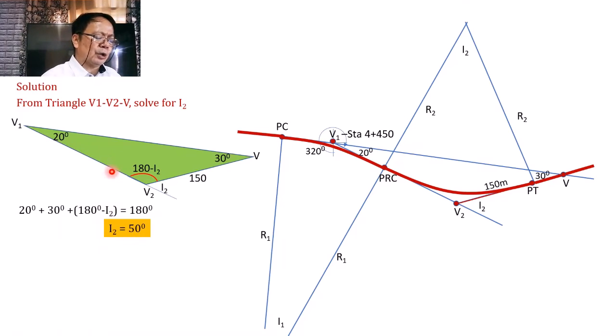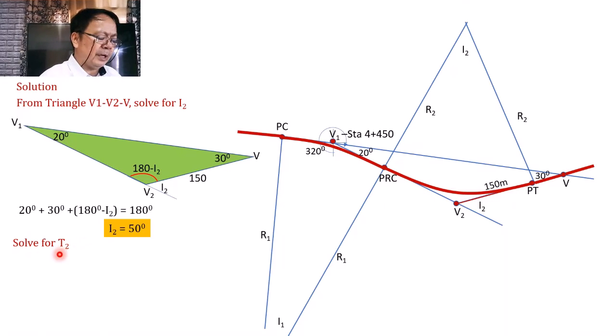Then after we have solved for 50 degrees, we can compute for T sub 2. And how are we going to compute for T sub 2? Because in the problem, we are given the degree of the curve of the second curve. And if we are given the degree of the curve of the second curve, we can compute for its R. And because we have just computed for I sub 2, we can compute for this T sub 2.